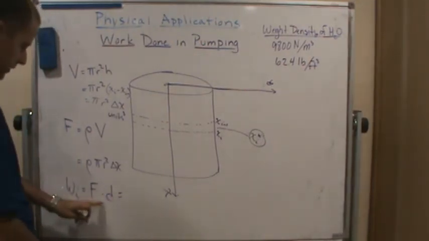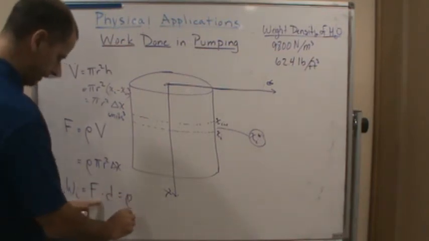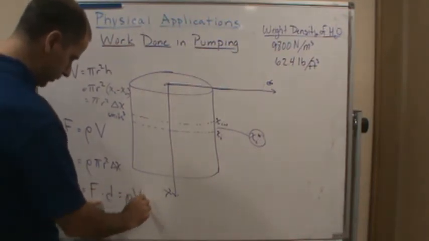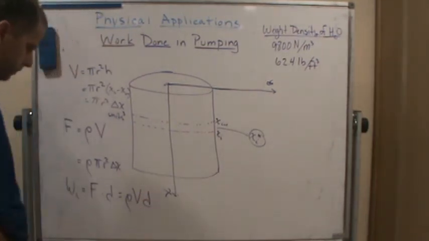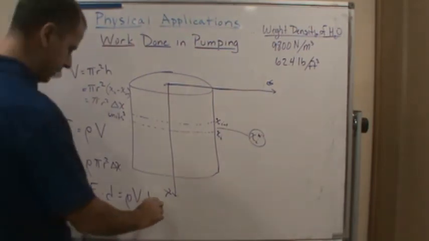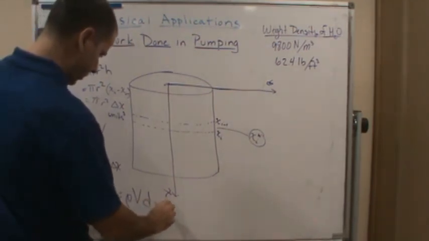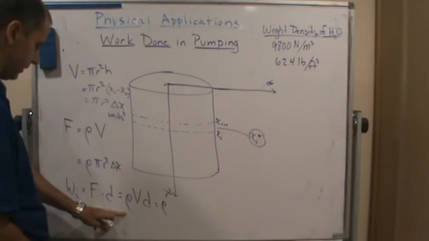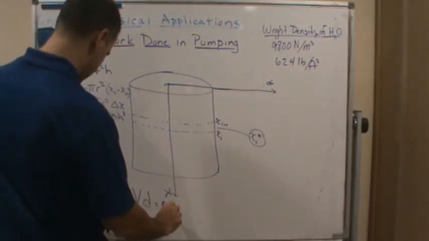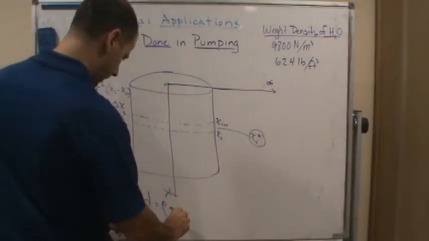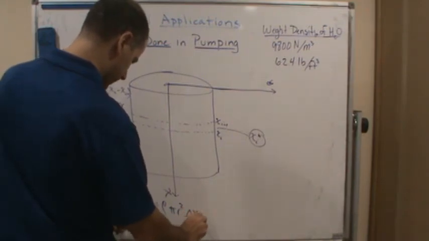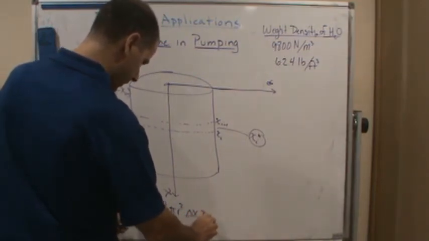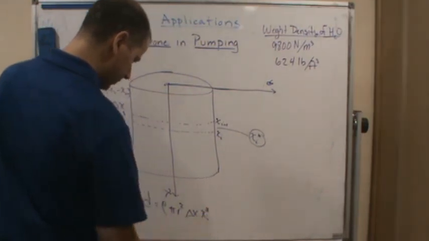Work sub i is going to be the density times the volume times the distance, which in this case is going to be rho, the weight density of the liquid, times pi r squared delta x times x sub i star.